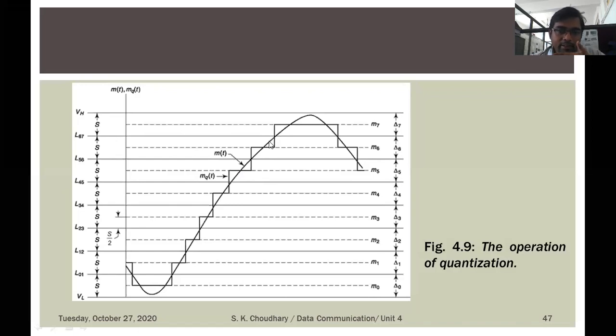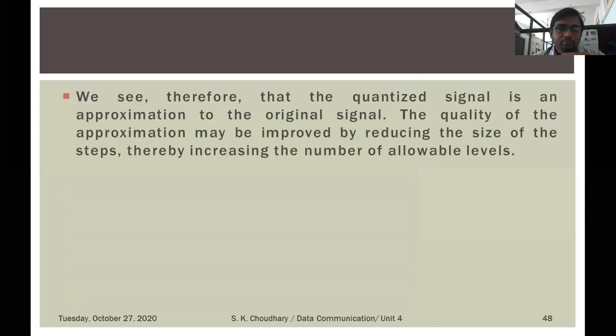Either mq(t) is larger or m(t) is larger, it doesn't matter, because if it is so, then and only then can we recover it. But if this error is more than s by 2, then it is very difficult to recover the signal. We will also discuss that condition.